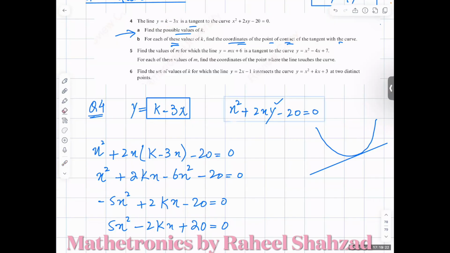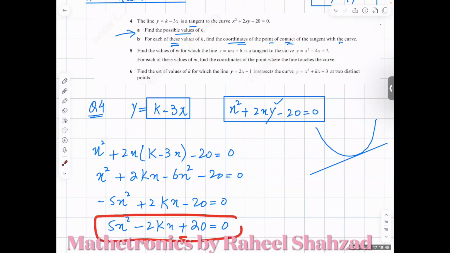This was x square plus 2xy minus 20 equals 0. So we replace y with k minus 3x here, nothing else. And we rearrange it, 2kx minus 6x square. Then it becomes minus 5x square plus 2kx minus 20. Then we take minus common. That makes it 5x square minus 2kx plus 20 is equal to 0.